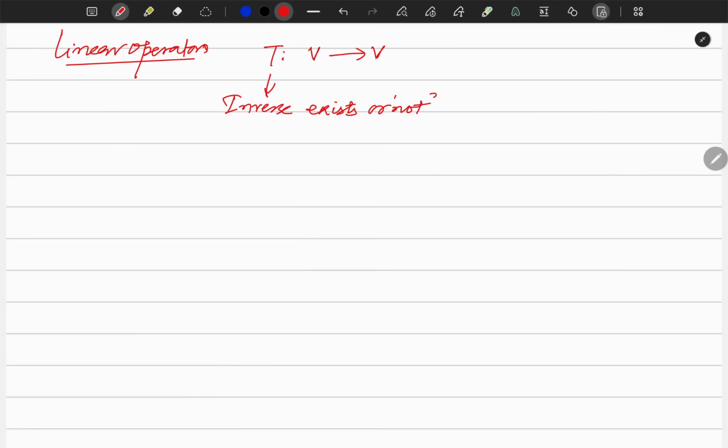The first step is to find the kernel of T, that is, find the nullity of T. If it is 0, remember it is an operator, so if the nullity is 0, it means that T inverse exists. You have to find it.